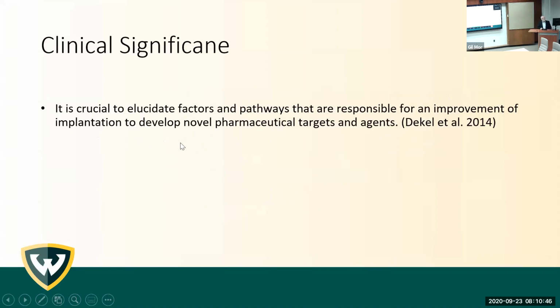Therefore, the importance of understanding the basic science associated with the process of implantation. If we don't understand the biology, the cellular and molecular factors controlling the process of implantation, we will not be able to help those patients who are failing to conceive, or at least to implant.